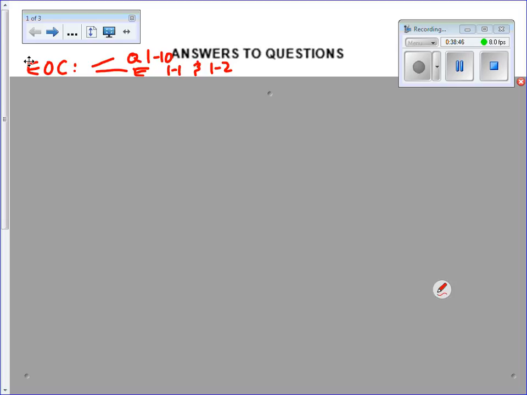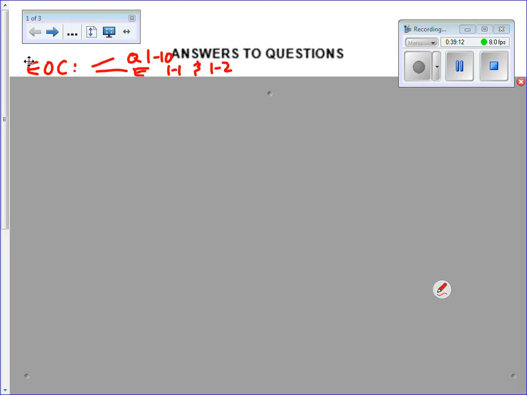That's why I have you do all of your notes, just so you can put your end of chapter stuff truly where it belongs. So find an empty spot in your notes. Let's just start with questions.